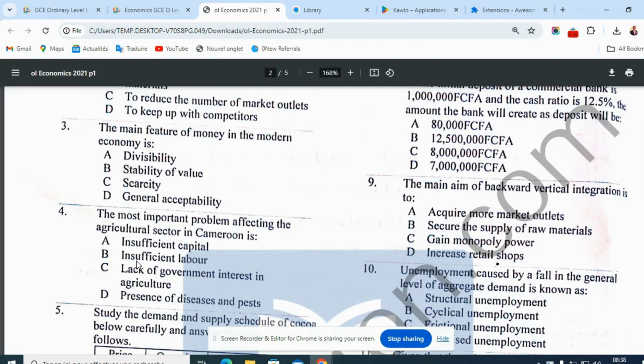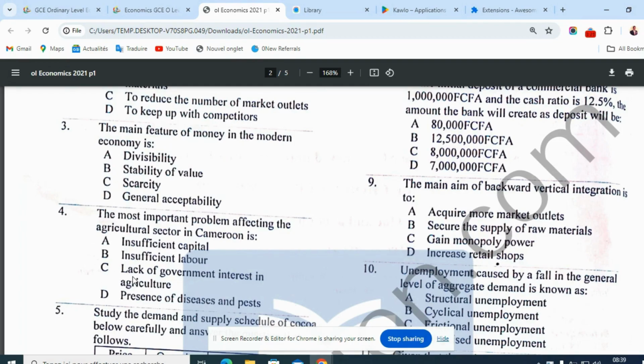The next question says that the most important problem affecting the agricultural sector in Cameroon is. So what is the most important problem affecting the agricultural sector in Cameroon? So you can suggest your own answer before I give the answer, which is so good.